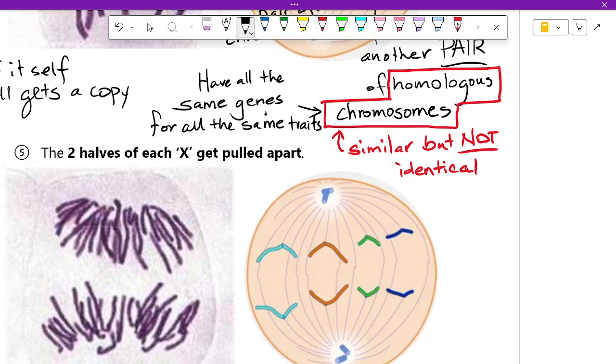But they're not identical. Why are they not identical? Yeah, they can have different versions of the genes. Yeah, exactly. The lowercase s and the uppercase s.